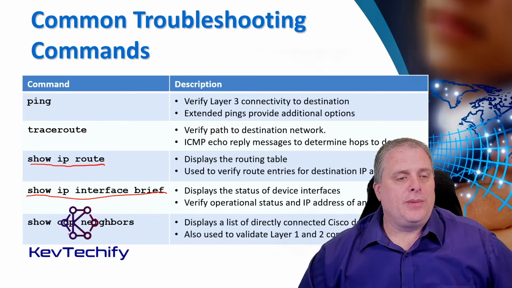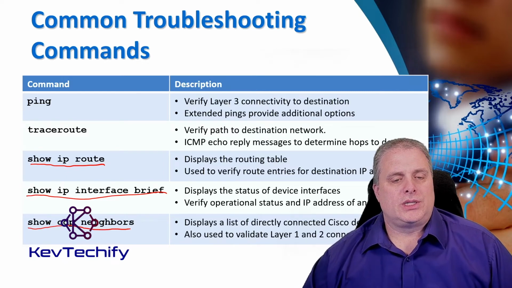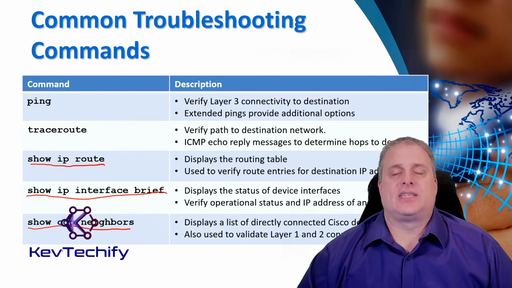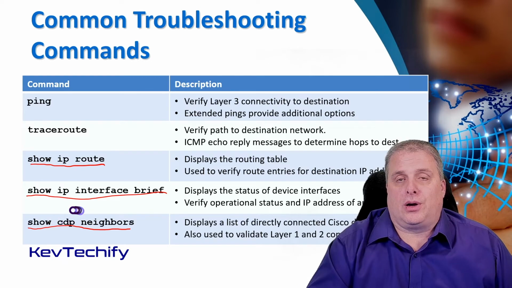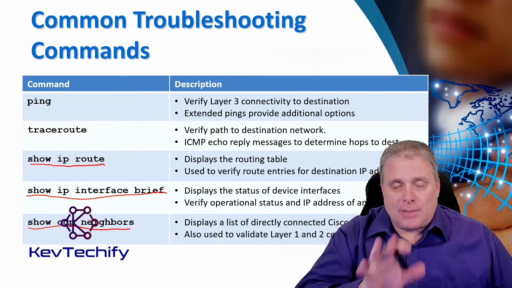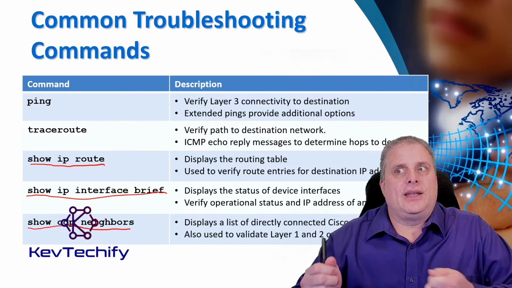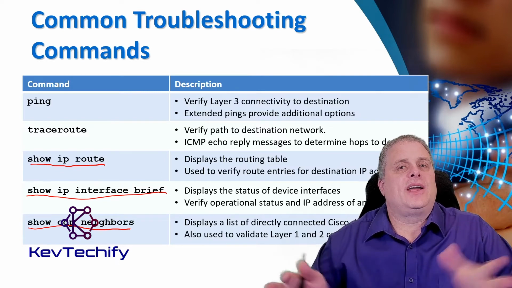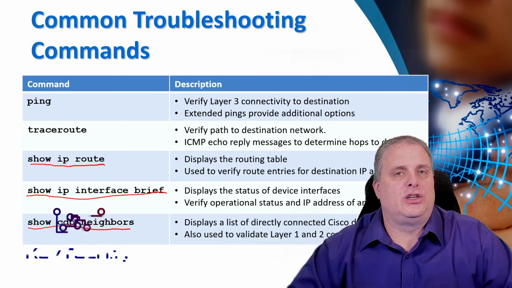And then the final command here is show CDP neighbors. CDP is Cisco Discovery Protocol. It's a Cisco proprietary protocol, but what it does, it's on by default on Cisco devices. When you plug it in, it connects at layer 2 and it finds out information about the devices that are connected to it.